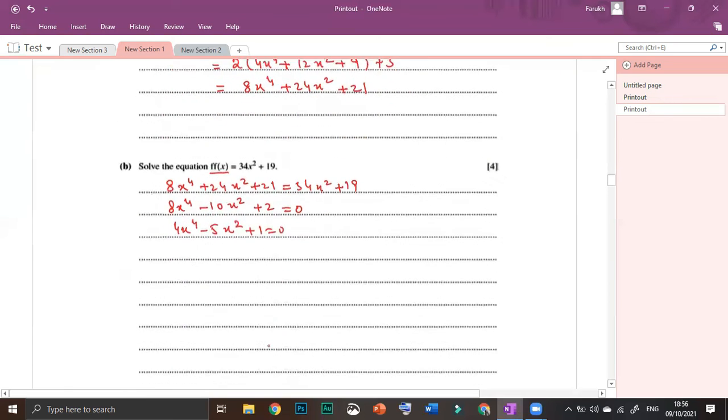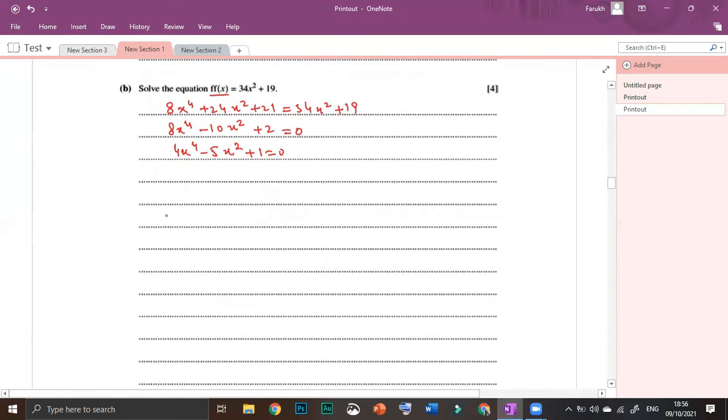Now we will factorize this one with the help of middle term breaking.